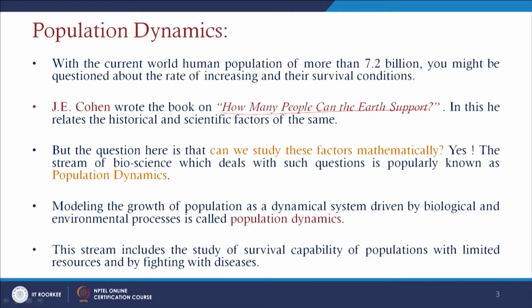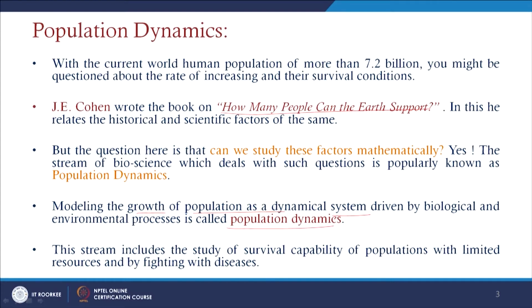When we model the growth of a population as a dynamical system, which I already discussed in the last lecture, driven by biological and environmental processes, it is called population dynamics.